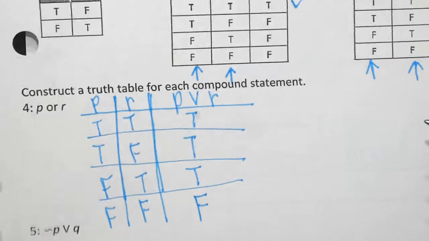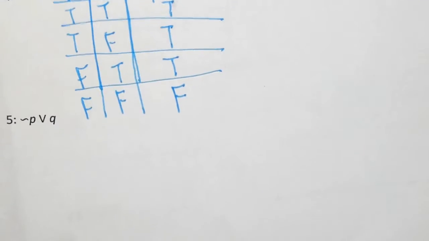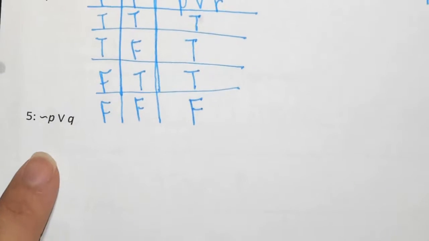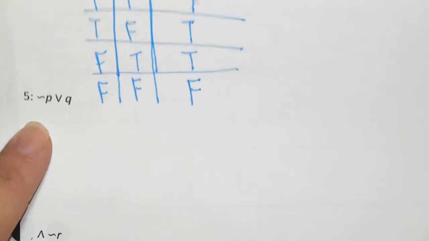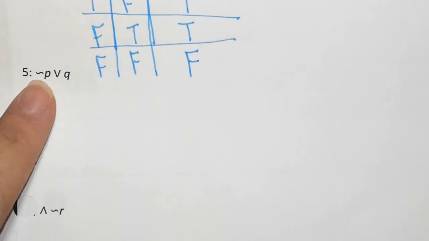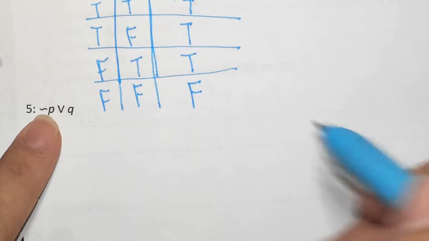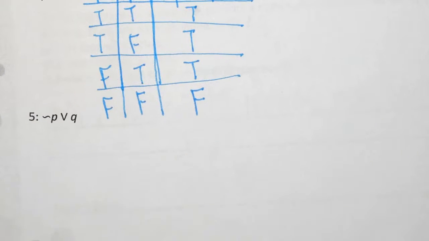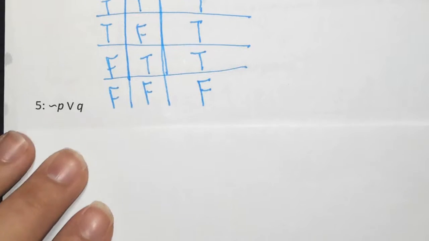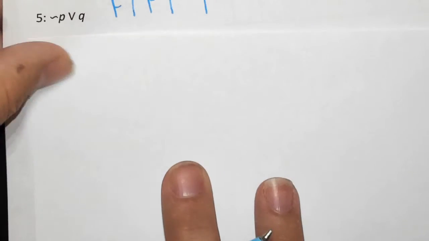Okay. Let's do it again. But this time we're using not P and Q. So what we're going to have to do is we're going to have to add another column. Add another column. So I'm going to go to a different piece of paper because I write big.